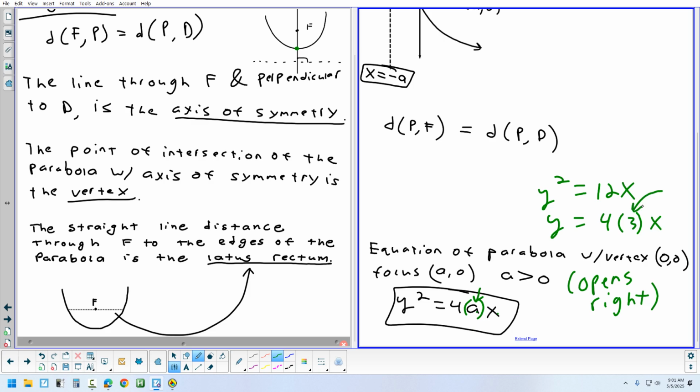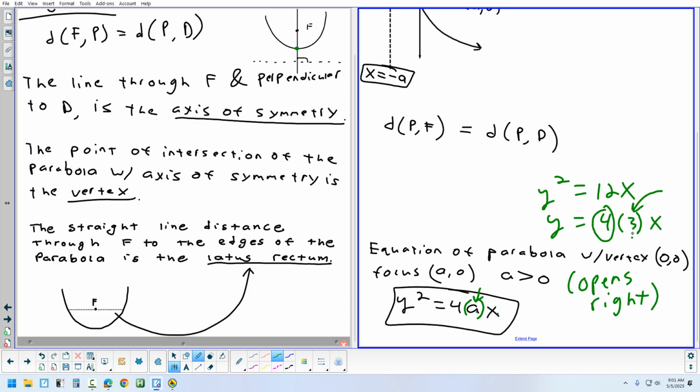This tells me where my focus is. In this case, the focus would be (3, 0). It would be 3 units to the right. But unless you write it with a 4 in front, you don't see the 3.